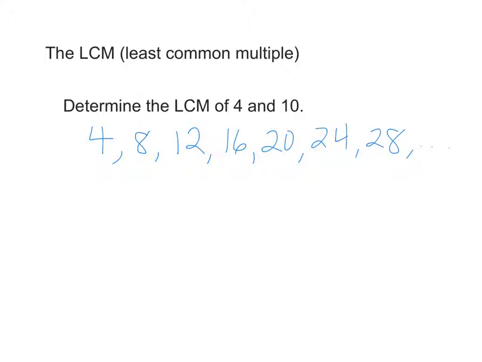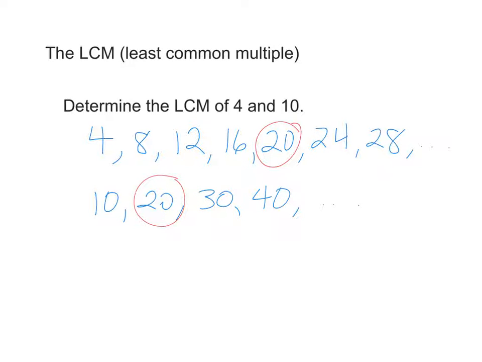If we start listing multiples of 10, it's 10, 20, 30, 40, and so on. I didn't need that many because what number is common to both lists? 20. 20 is the lowest common multiple of 4 and 10.